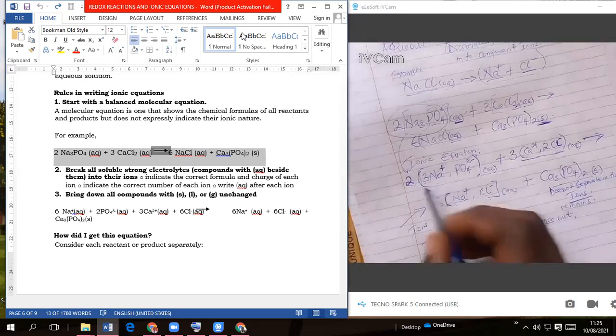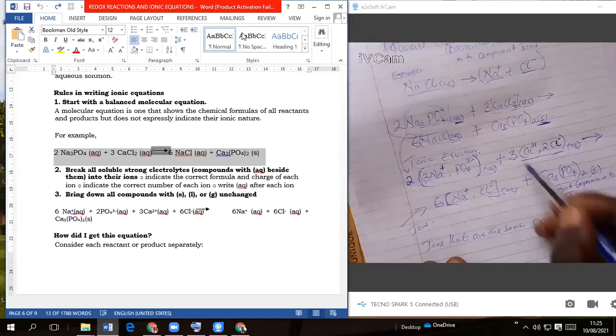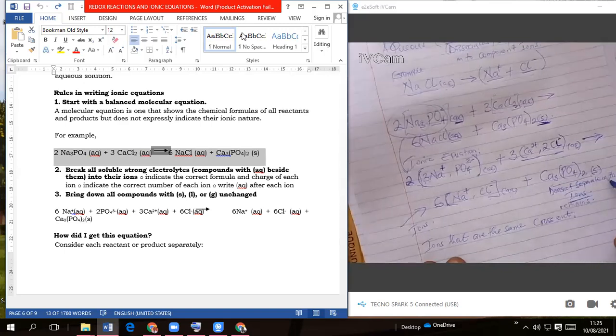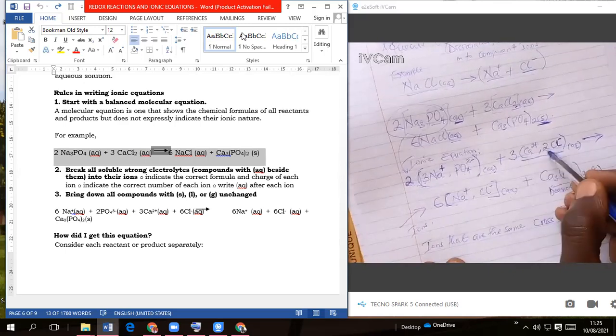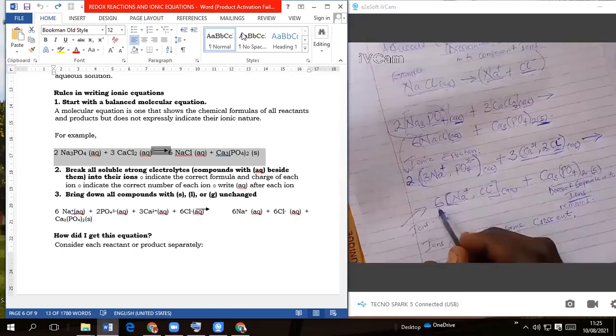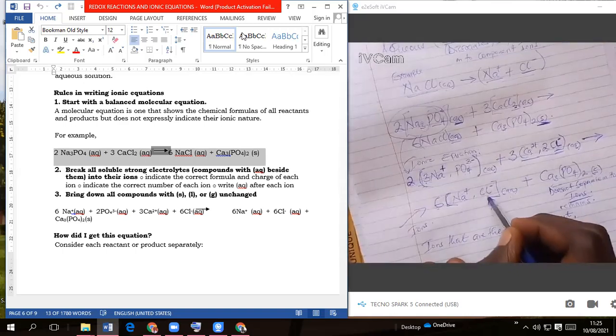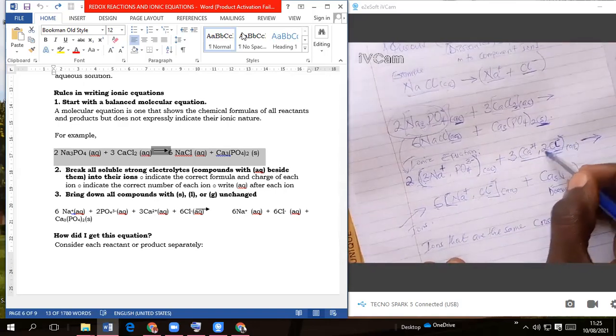Nothing, so that one remains. We have 3 calcium ions on this side, but they are not here; they are in the solid state. Then we have 2 times 3 times 2, 6 chloride ions. Here, 6 times this gives you 6 chloride ions, so the chloride ions cross out.